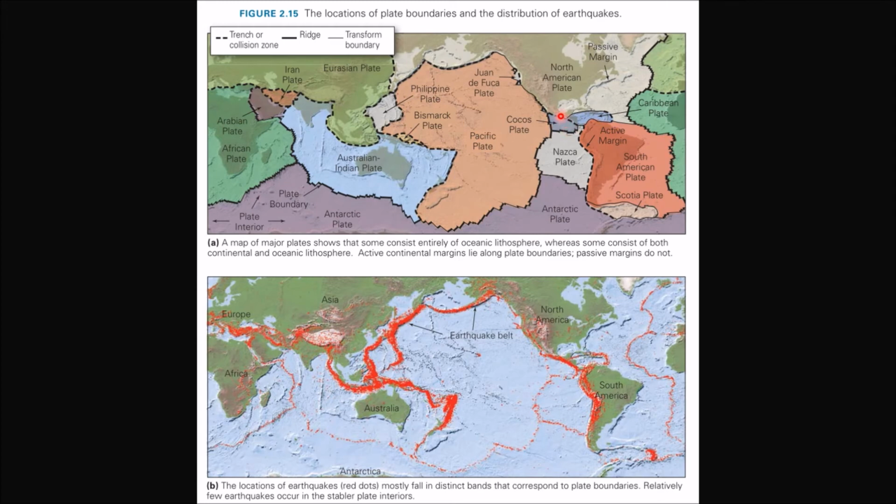This is a separate piece of the Earth. This red piece over here is another piece of the Earth. Africa is another piece of the Earth. So the Earth is broken up into all these different pieces that are called plates. Each one of these pieces is called a plate of the Earth.